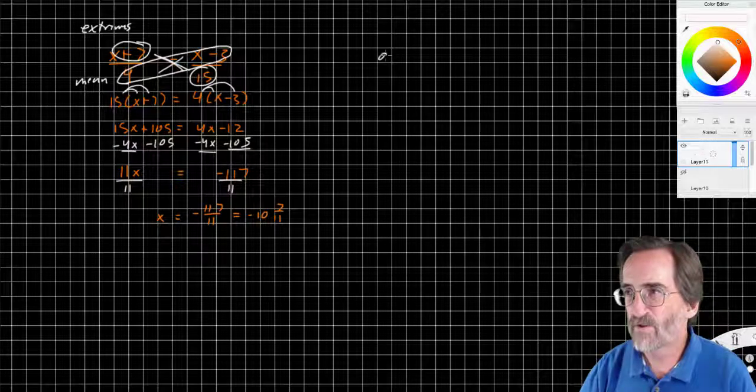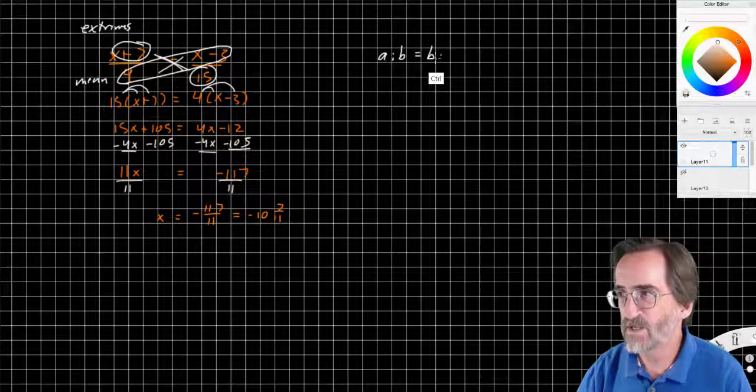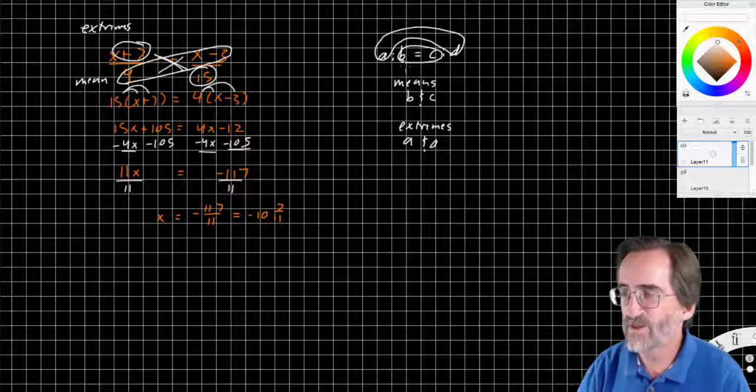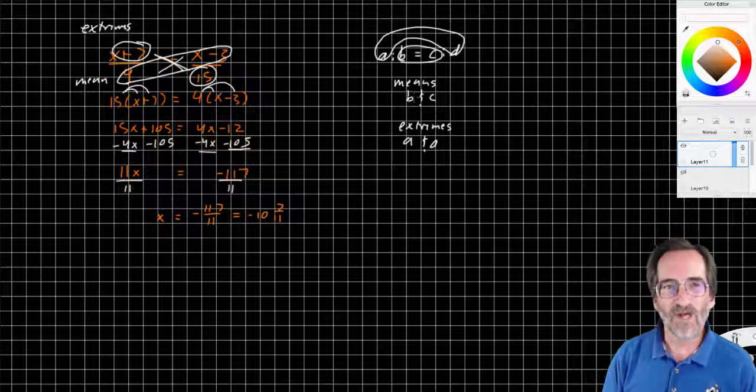So, for example, if I had A to B equals C to D, the means would be B and C, and the extremes are the outside, A and D. So that's a little bit of the vocabulary involved.